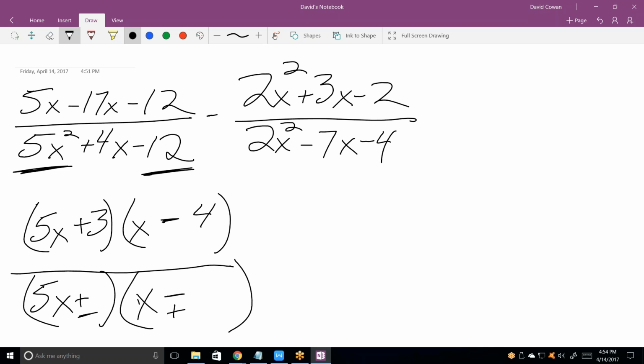Again, I'm looking at factors of 12, only this time I've got to produce a middle term of plus 4x. Well, how am I going to do that? Let's see. 6 and 2? Yeah, the 2 has got to go here, and the 6 has got to go there, because minus 6x plus 10x is plus 4x. And that's what I've got to do.